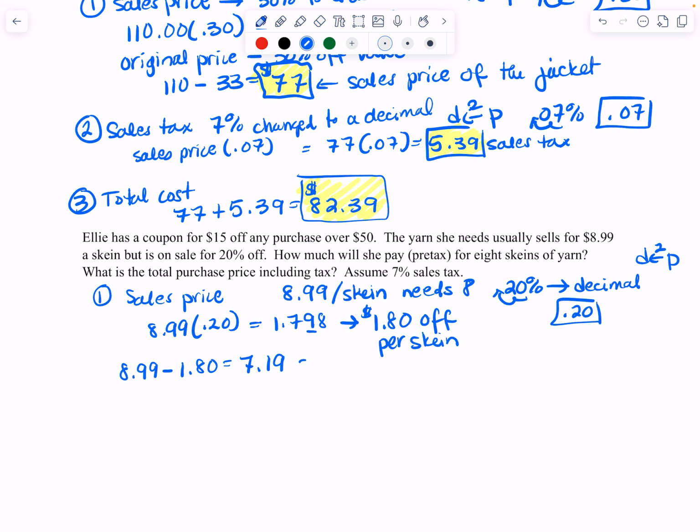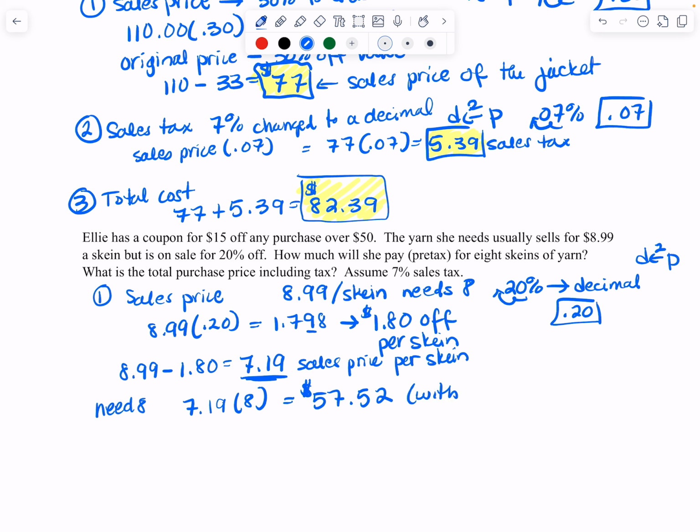Okay, so this is the sales price per skein. Now she needs 8. So I'm going to take 7.19 and multiply that by 8. So that total price is going to be $57.52. Okay, that's with the 20% off.